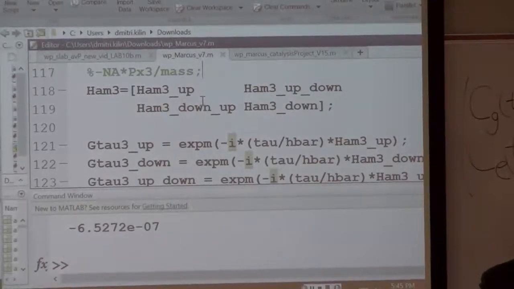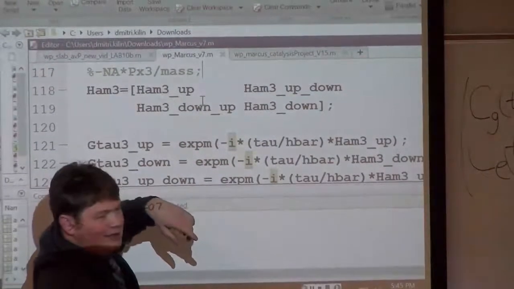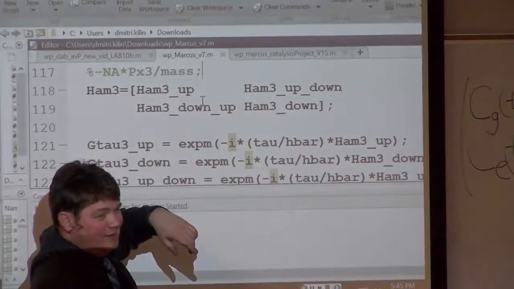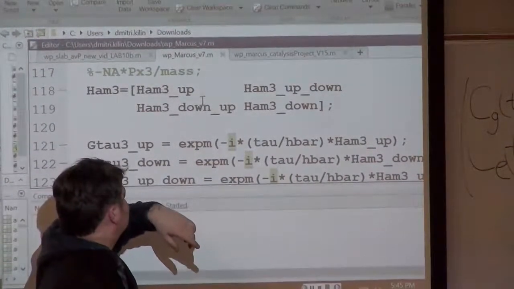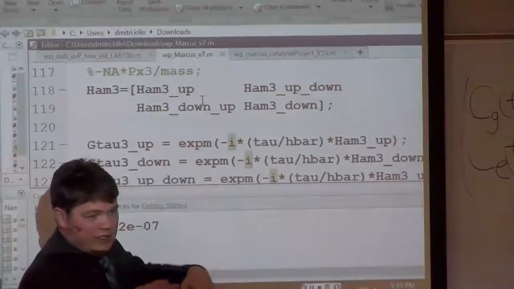The Hamiltonian is a 2 by 2 matrix. But each element of the matrix does depend on the position. So here is this 2 by 2 matrix, and we again can use the abbreviation HAM for Hamiltonian. Here the abbreviations are up and down for ground and excited.